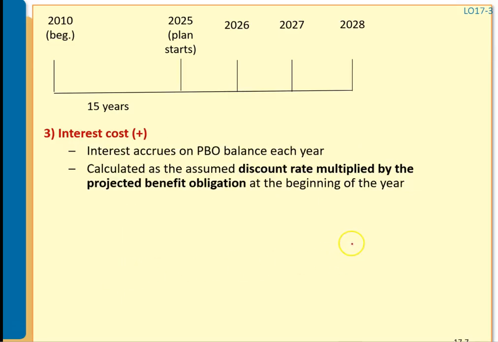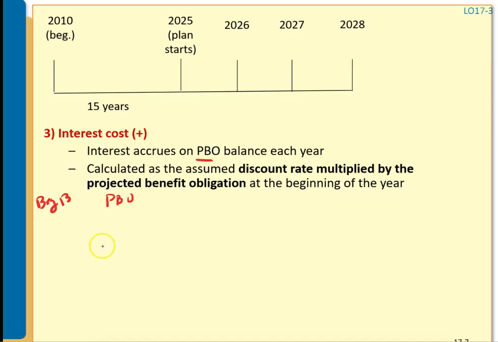The third component of pension expense is interest cost, and interest cost also accrues on the projected benefit obligation every year. When you have a long-term liability, you have to accrue interest on it. There's a percentage that's given, and you will take the beginning balance of your projected benefit obligation. Okay, so that's really important.